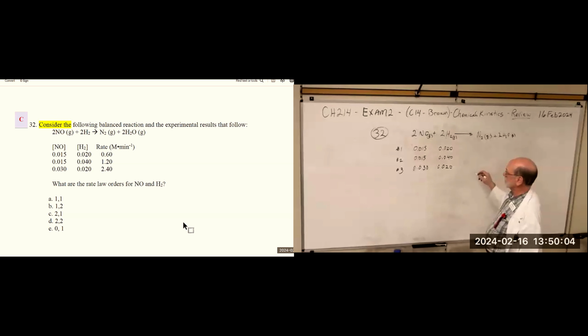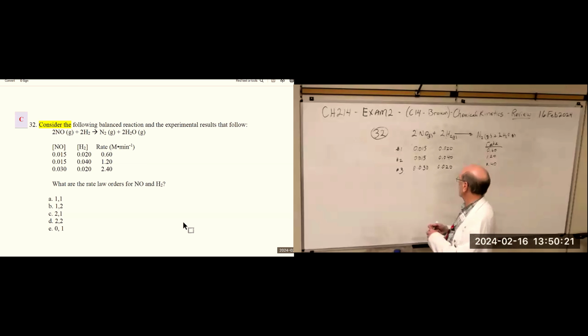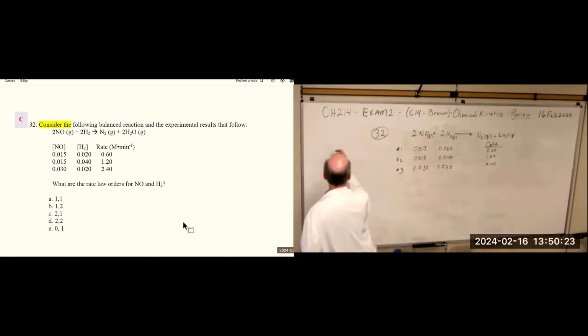And then the rates for the first one, 0.60, 1.20, and 2.40. Okay. We want to know the orders for each of these components in the rate law.